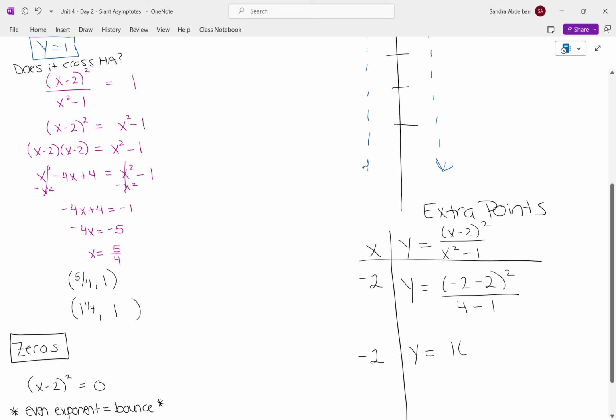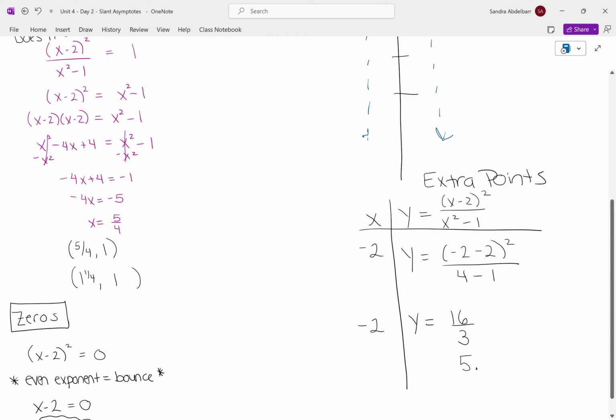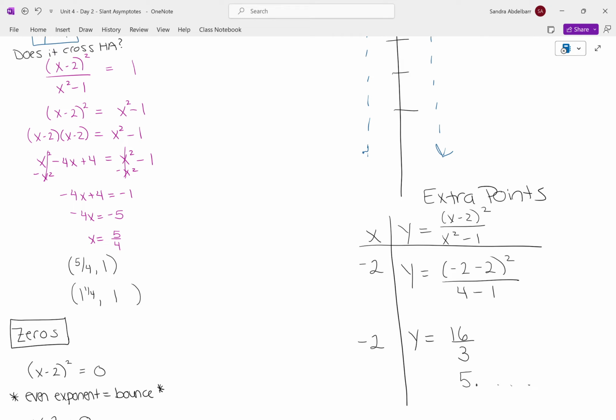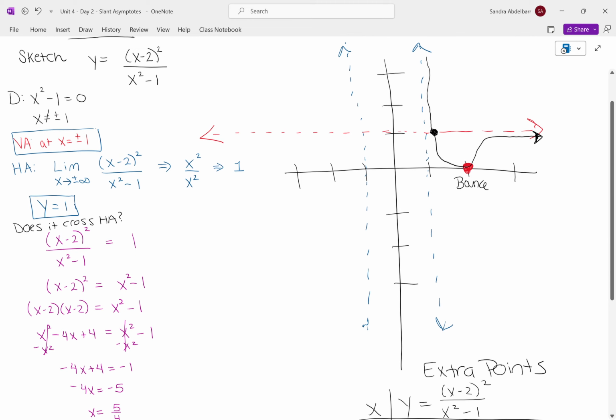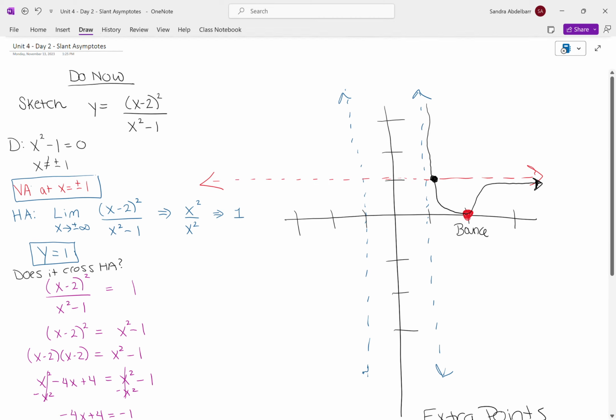So we're going to have -4 squared, which is 16, over 3. If we're going to estimate this, isn't this going to be 5 point something something, right? It's past 5, just a little past +5. So what does that mean? That means we are at -2. Oh, I only went up to 3. Let's keep going.